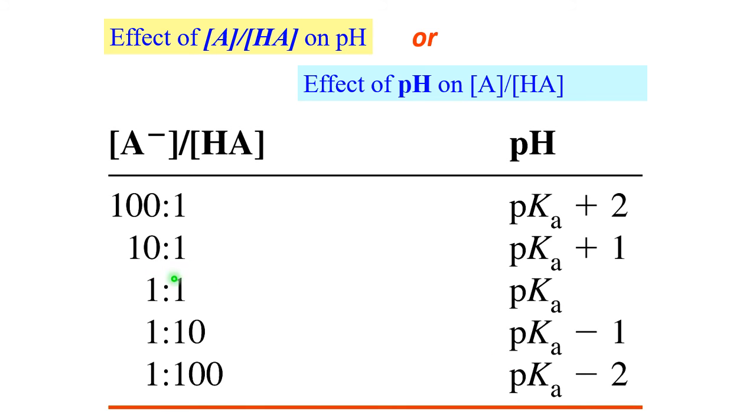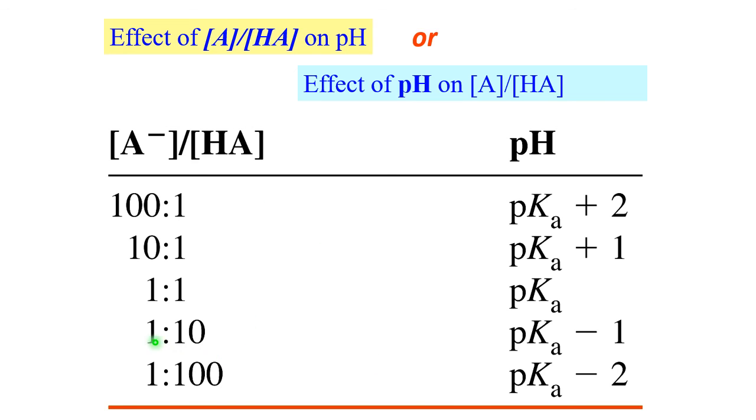So now, when I have a 1-to-1 ratio, my solution's pH is equal to pKa. If I have 10 times more base than acid, my pH will be pKa plus 1. If I have 100 times more base than acid, it will be pKa plus 2.